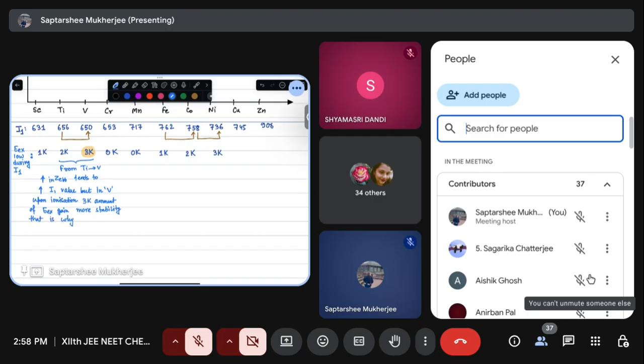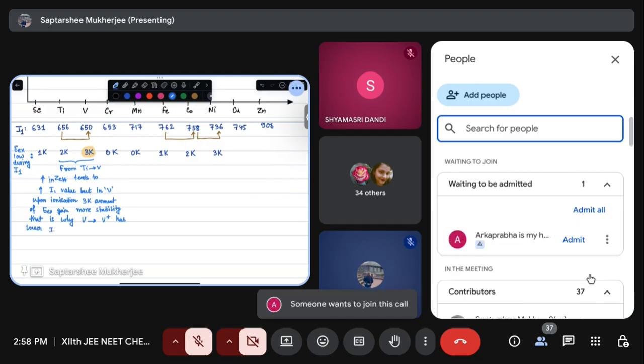That is why vanadium to vanadium plus has lower ionization energy than titanium to titanium plus. Orko, have you understood?